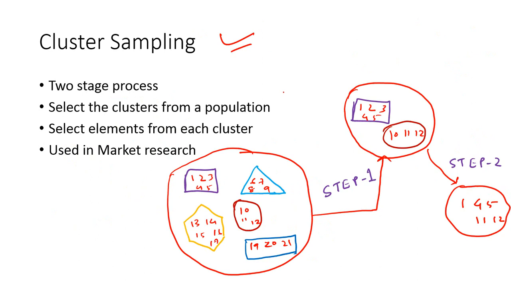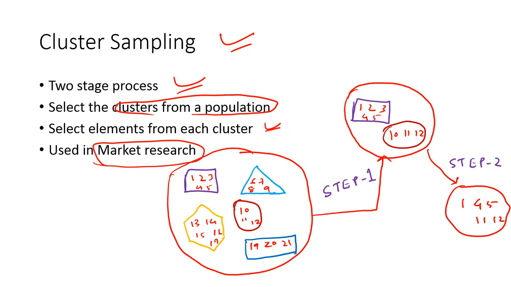Cluster sampling. It is done in 2 stages, so it's a 2-stage process. In the first stage, you just select the clusters from the population at random. Okay, and in the second stage you select elements from each cluster, and that's also at random, and it's very popular in market research.